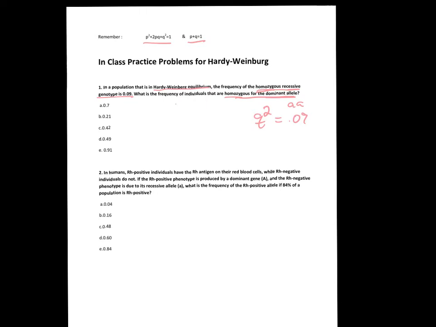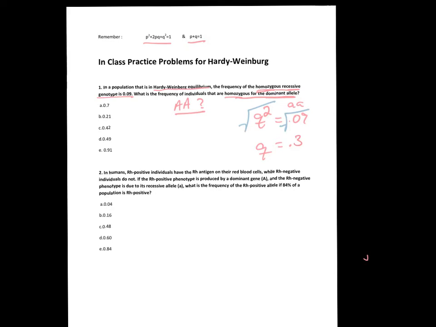So what we're looking for is big A, big A. Well, if you know q squared equals 0.09, you can take the square root of q squared, or the square root of 0.09, which gives q equal to 0.3. So q is equal to 0.3.